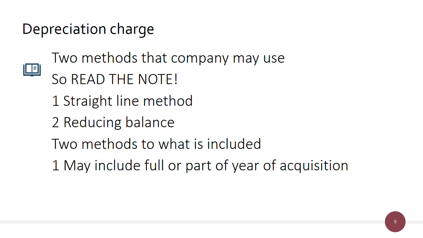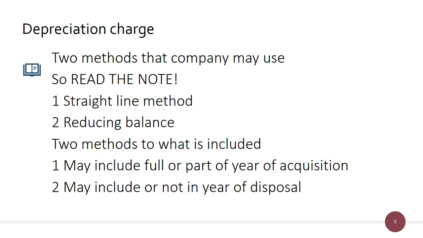Alternatively, it might be by each full month of purchase, in which case you can lay out a timeline and work out how many months are in each year as you go along. Even with the other method, where it's a full year in the first year and none in the last year, I'd still lay out a timeline and put when I bought it and when I sold it, and that makes it a lot easier. So you may or may not have depreciation in the year of disposal.